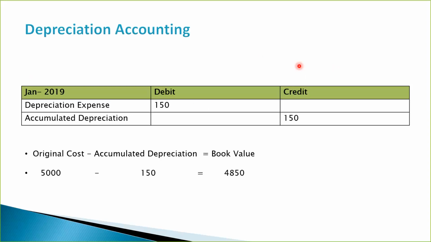For example, if this is the journal entry for depreciation expense for a particular asset for January 2019, based on your particular depreciation method and the other values that you might have calculated, such as the depreciable cost, which is obtained by subtracting the salvage value from the original cost.